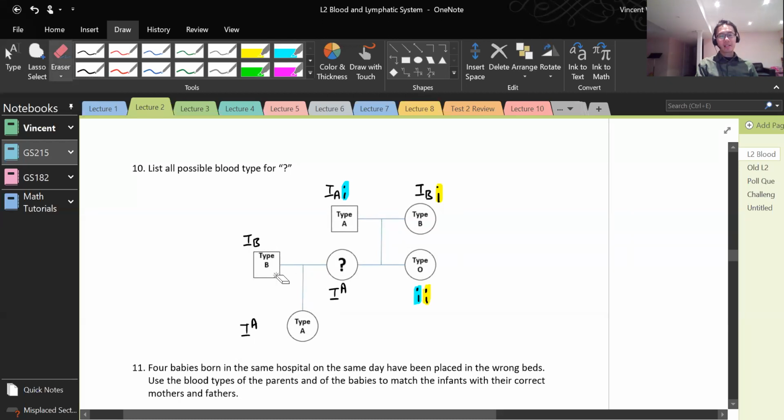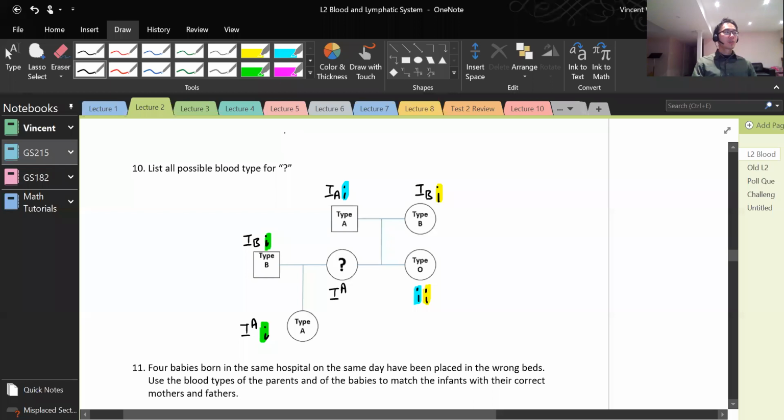Okay. In fact, based on this information, we know for a fact that the father must be IB, small i, and that he has passed on the small i to the daughter. The father could not have been IB IB, because if that's the case, then the daughter would have at least one copy of IB, which she does not. So we know for certain there's a little i involved here.